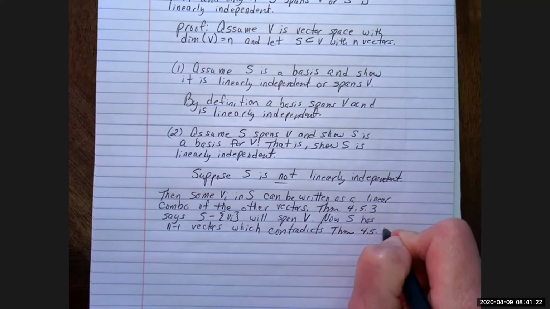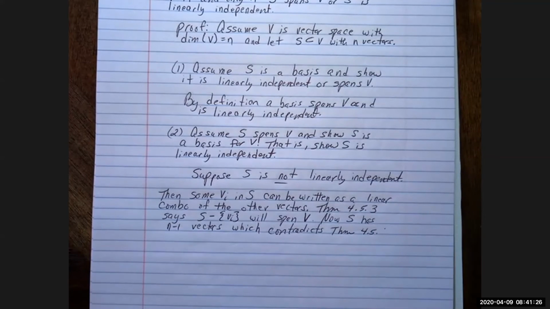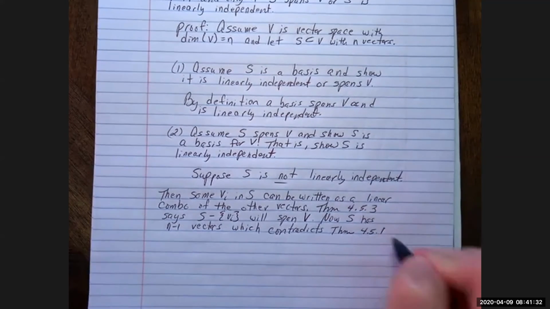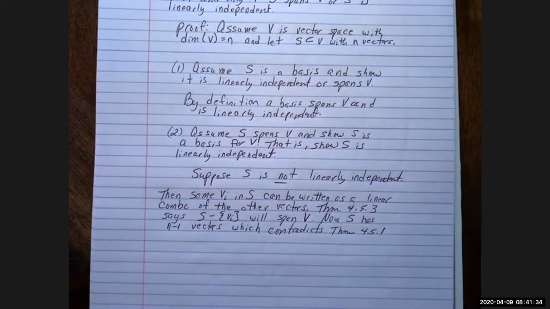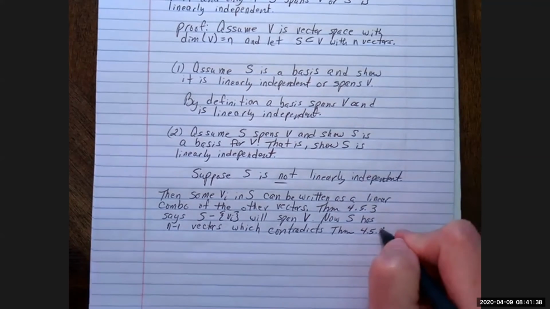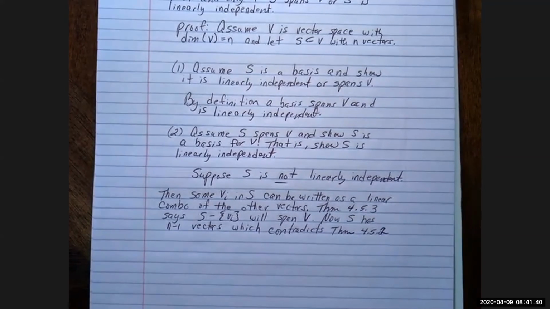N minus 1, it won't span, right? If it's n minus 1, it won't span. It contradicts. It has to have n vectors. If you go back to the very first theorem we looked at, if it has less than n vectors, then it doesn't span, which contradicts.